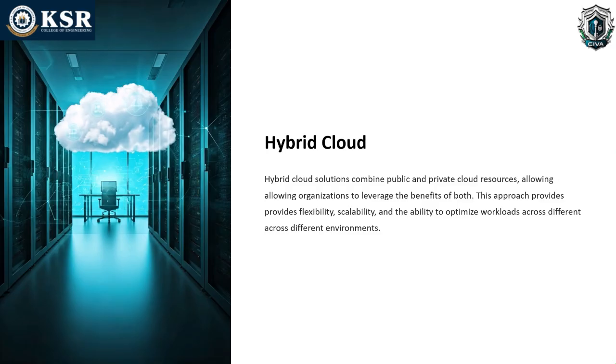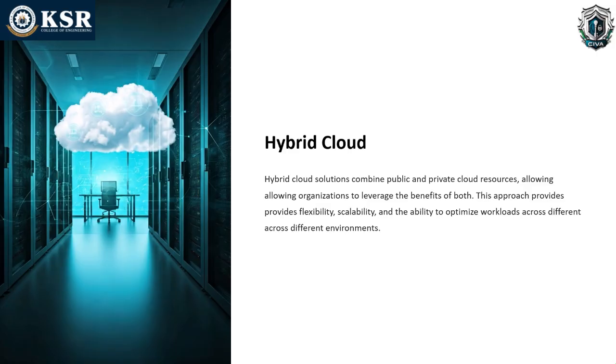Hybrid cloud. Hybrid cloud combines both public and private cloud models. This allows the organization to store sensitive data in a private environment while using cloud resources for less critical workloads. It provides flexibility, cost optimization, and scalability.